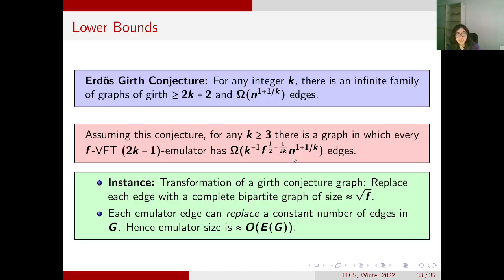The instance is not very important, but at a high level, we start with a graph from the girth conjecture and do some transformation. In particular, we replace each edge with a bipartite graph of roughly size square root f. And then we have to reason that emulator edges can only replace a constant number of spanner edges. So more or less the overall number of edges we have to keep in this instance is around the original number of edges, which gives us this bound.